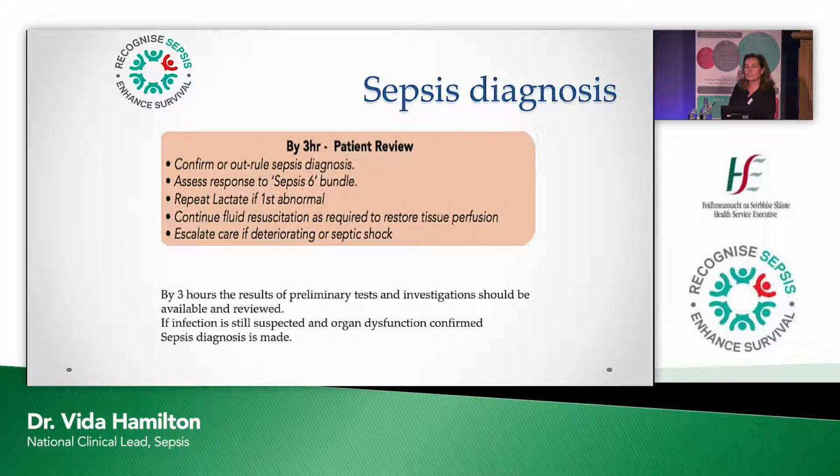And if there's evidence of acute organ dysfunction consequent to the infection, then sepsis is diagnosed. If their first lactate was abnormal, their second lactate should be performed and used to help guide ongoing fluid resuscitation. And if the patient is deteriorating, there's an escalating, or deteriorating, action bundle.